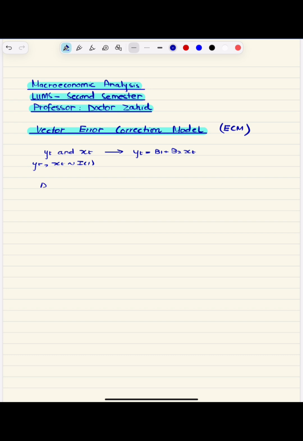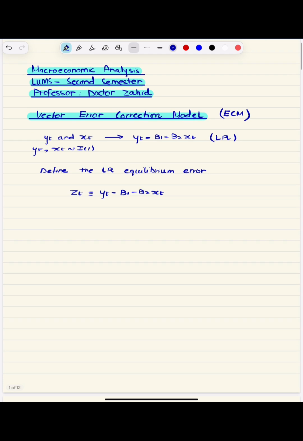Okay, so if we define the long-run equilibrium error, basically the cointegrating residual, let's call it zt, and define it as yt minus beta 1 minus beta 2 xt. Remember, this was the long-run equilibrium relationship. This term measures the deviations from the long-run equilibrium.